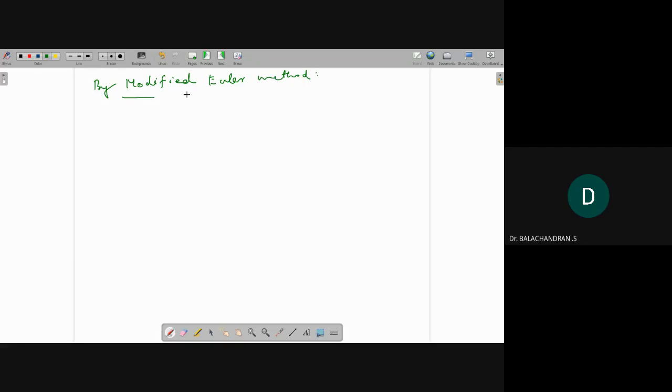Please check the formula; I will write it here, and you also verify. y n plus 1 equal to y n plus h into f of x n plus h by 2 comma y n plus 1 by 2 into h into f of x n comma y n.